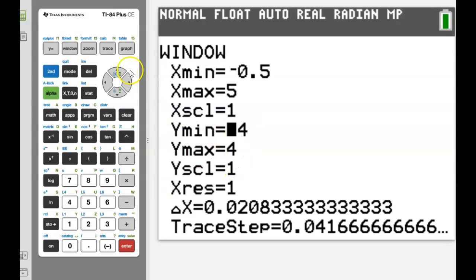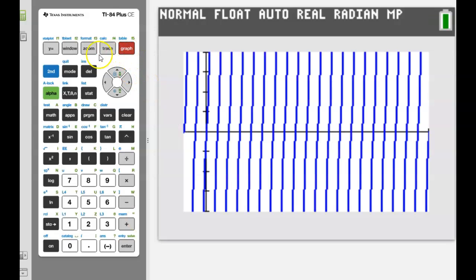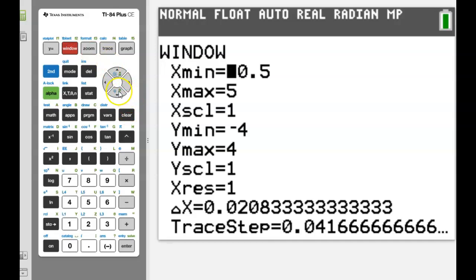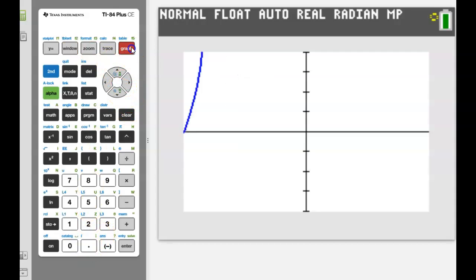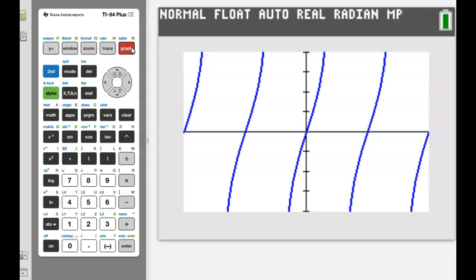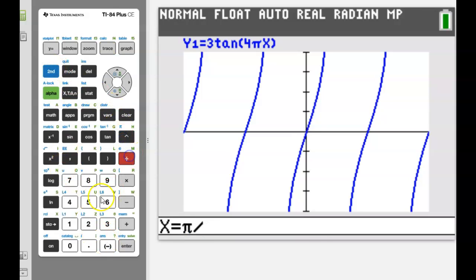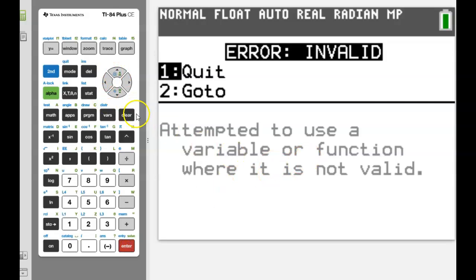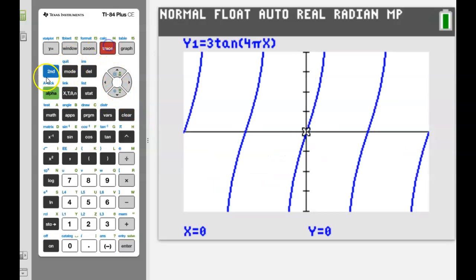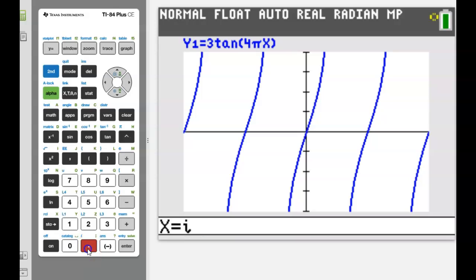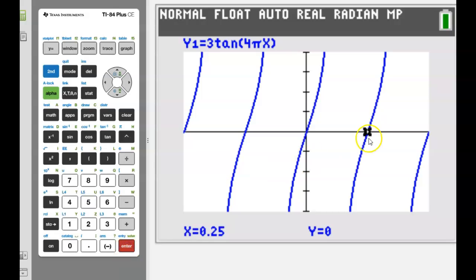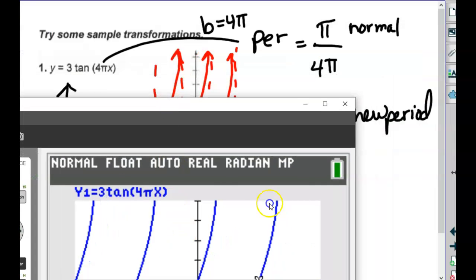So negative 4 to 4 that I have here will work? Maybe I didn't change this to 1/2. How's that? Does that look more like what we were kind of doing? If we traced to pi over 4, oh, it was 1/4, thank you. Trace to 0.25, thank you for fixing me. At 1/4, is that what we had? Okay. All right, I'm going to put that on here.